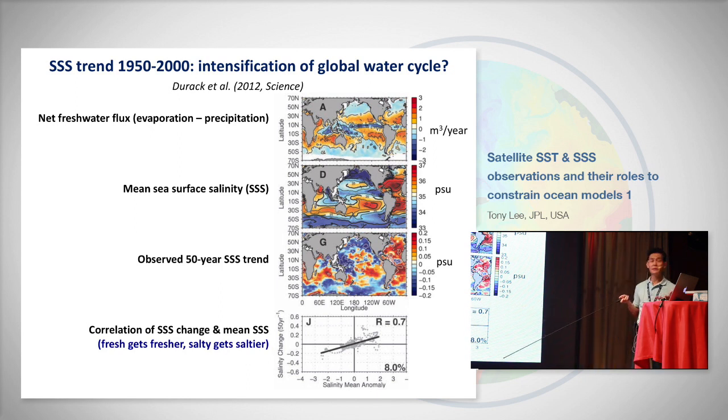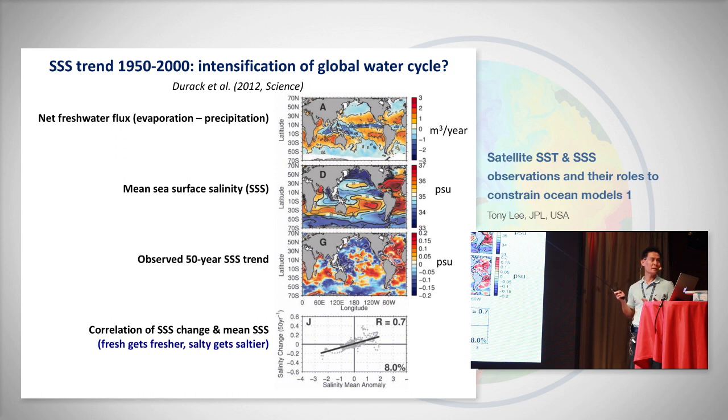So one possibility for that to happen is that the evaporative region is evaporating more, and the rainy regions are getting more rain. So wet gets wetter, and dry areas get drier. That's the scenario for a possible acceleration of the global water cycle.